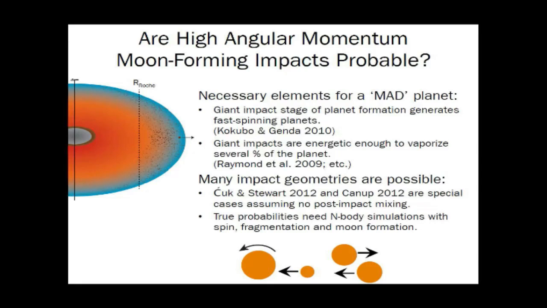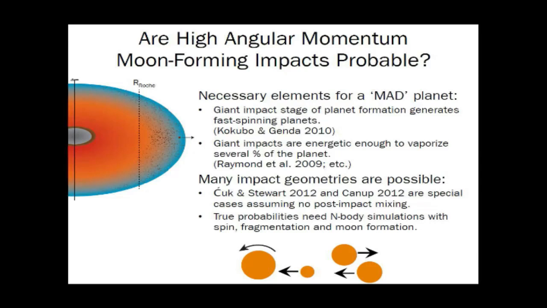They do not have to be achieved from the same event, but they need to be achieved through the combination of events for the moon forming impact. And if that is the case, then many different specific scenarios of two different sized bodies at a certain velocity and impact angle could generate this structure. What's been studied to date were special cases where there was no post-impact mixing.